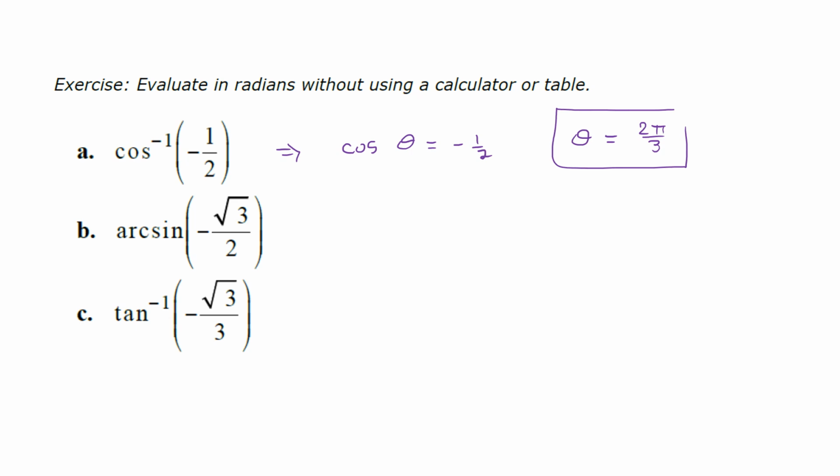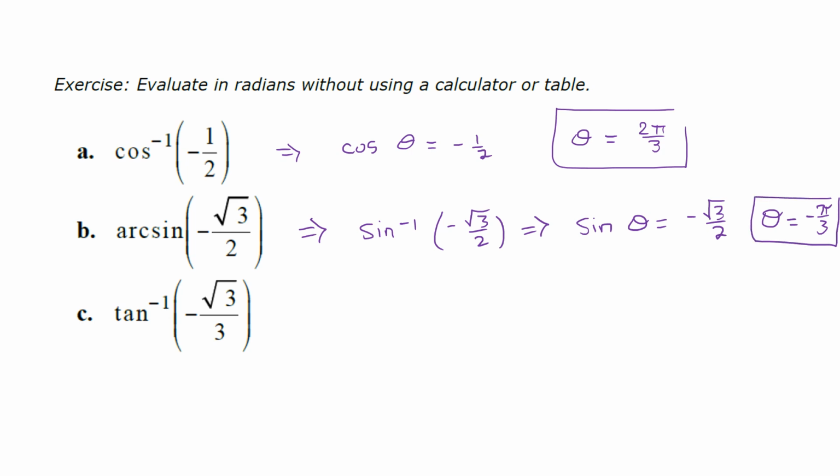Okay, the arcsine of -√3 over 2 can be rewritten as the inverse sine of -√3 over 2. So we're trying to find the angle, the sine of theta, that equals -√3 over 2. And the restrictions for sine are between -pi over 2 and pi over 2. So theta would be -pi over 3.